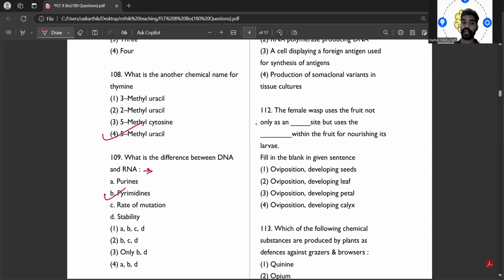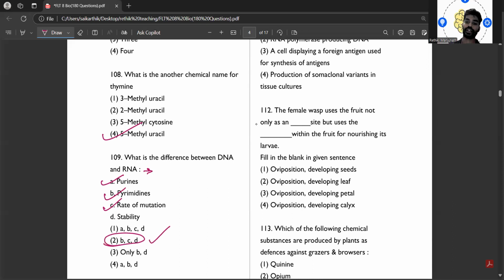RNA has uracil, DNA has thymine. Purines, that is A and G, will also come. Rate of mutation I'm talking about. So this is done now.